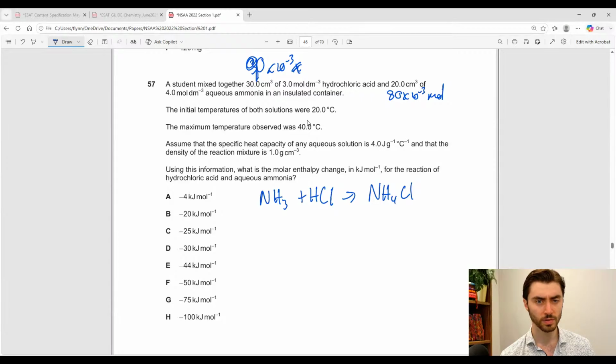The initial temperatures of both were that. The maximum temperature was this. So Q equals m, which is the total mass, which is 50, c delta T. That there gives me 1,000, is 4,000 joules.